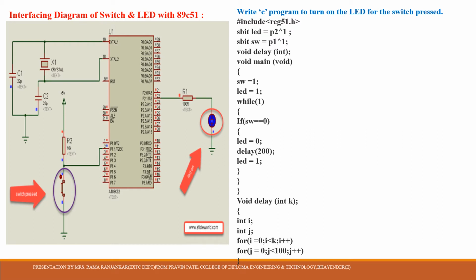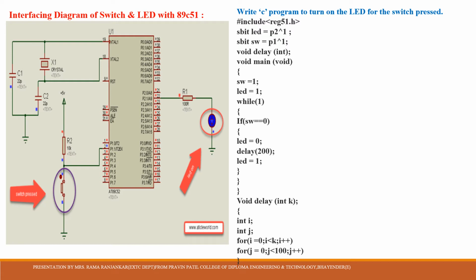According to that, we define the pin status of the LED and switch in the main program: sbit LED = P2.1. It indicates the LED is connected to P2.1 and the switch is connected to P1.1.